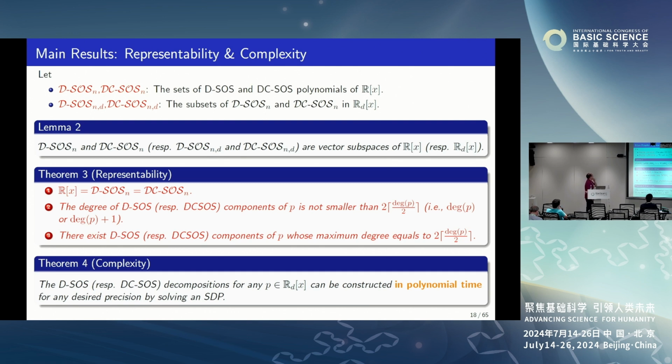First we can show that these two sets of polynomials are vector spaces. So we have one inclusion: D-SOS or DC-SOS belongs to R[x] or R[x]_d. But the reverse is not trivial. In Theorem 3, we prove that in fact they are exactly equivalent.